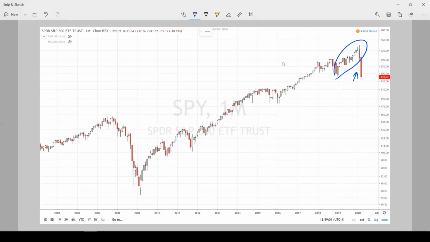But if you recall, the past few weeks, in fact, last week, we've had negative 2,000 points down, positive 2,000 points up. And that's extremely volatile. It's not worth the risk. It's not worth taking a trade. So how do we play this?